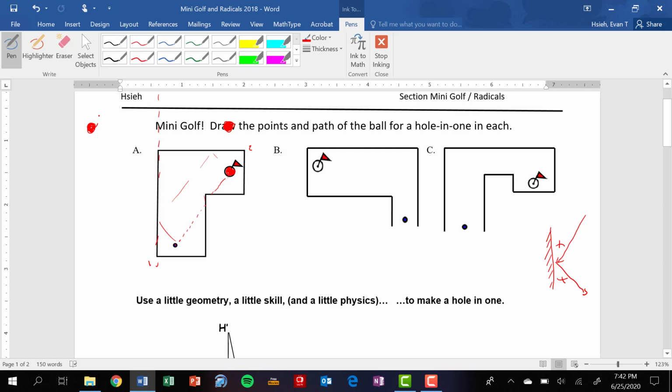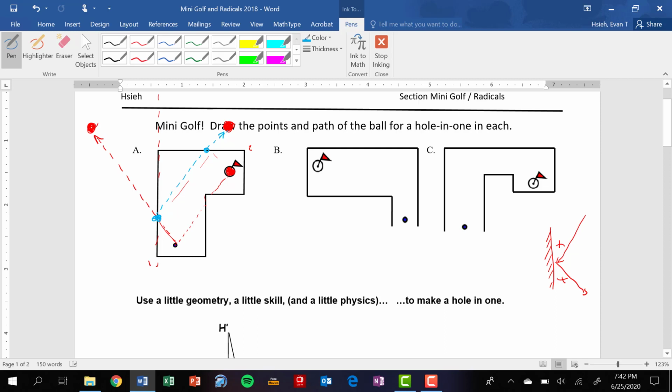So instead of aiming for the hole here, I'm going to aim for this hole that we've reflected over. I'm going to shoot for that hole right here. And guess what? It's going to hit this part of the wall right here, and then it's going to go towards this hole right here.